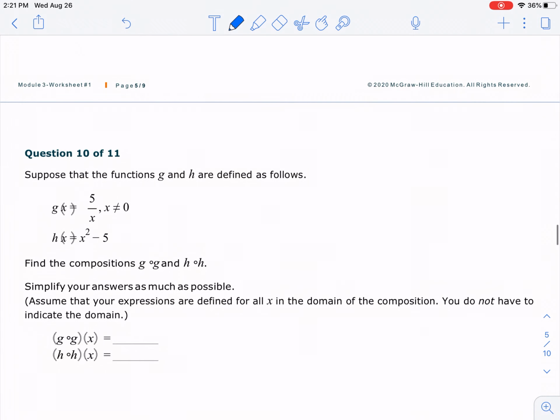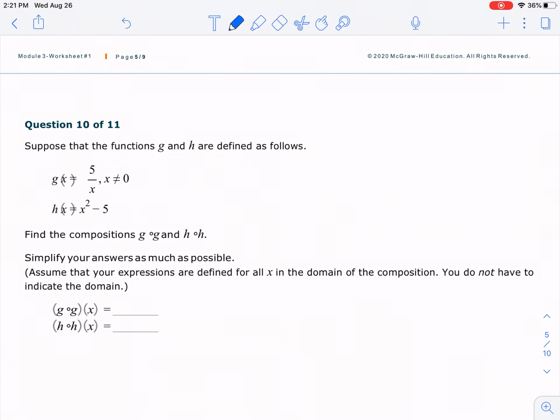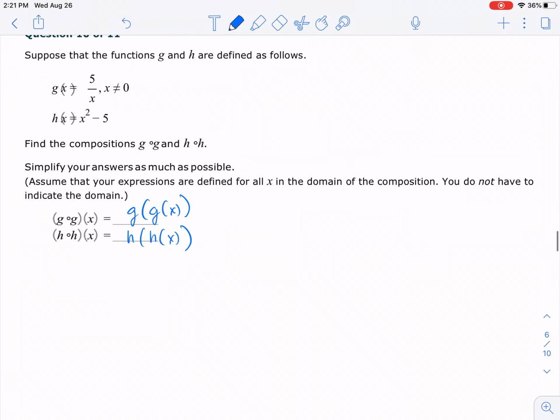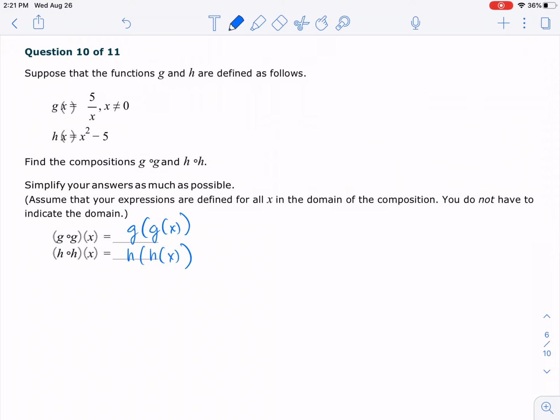Number 10, you don't have the values, so they're just simply asking you for the compositions g of g and h of h. So what is g of g, which is g of x? h of x is h of x. All right, so how do we do it? Let's try the first one. So g of x, g of x.